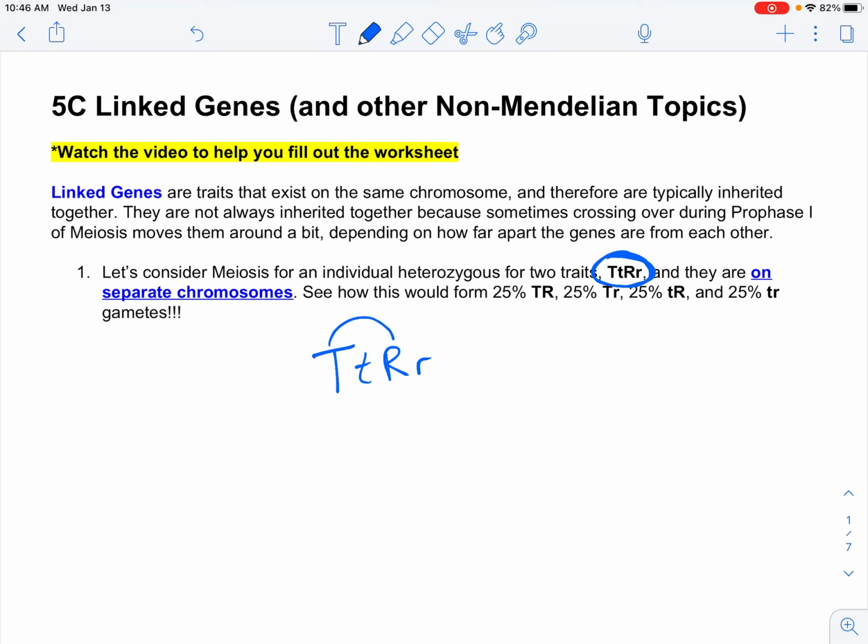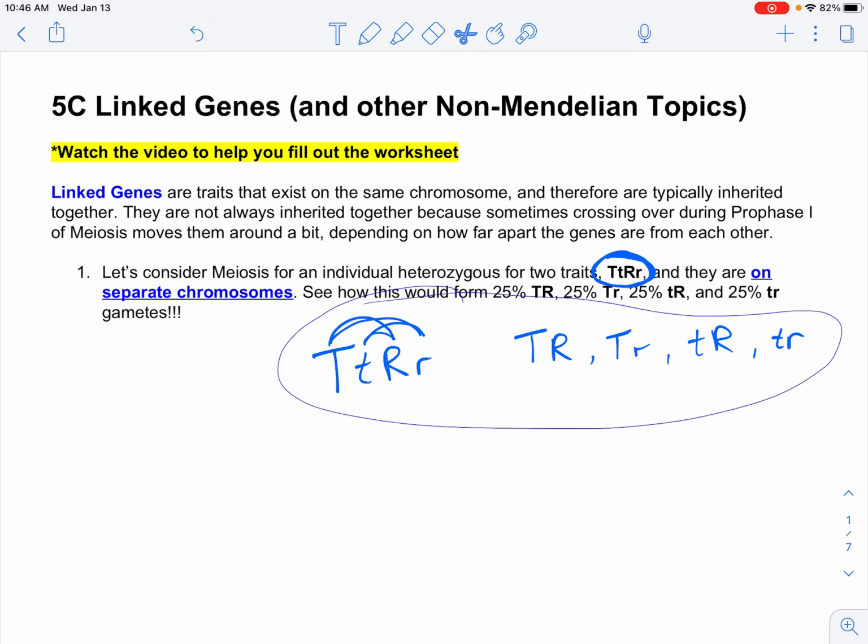Well, you know the FOIL method: first, outer, inner, last. So you could get this combination as a gamete, and you could get that one. So we've already done those types of things.